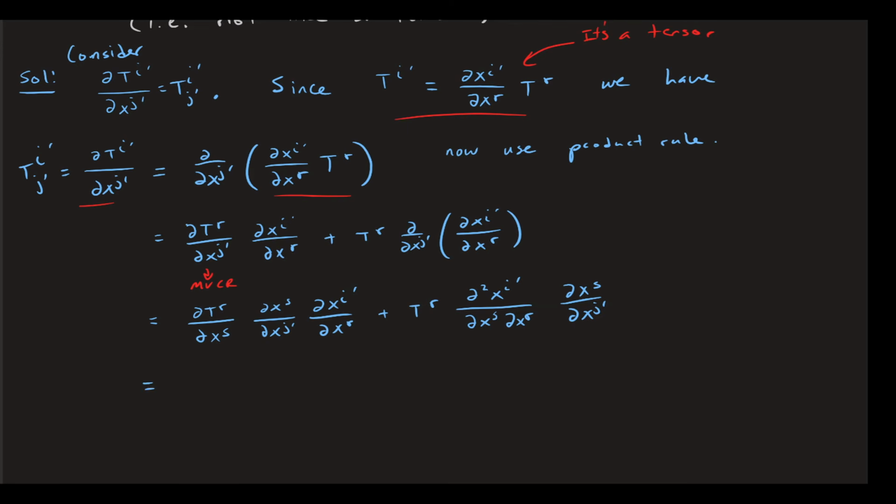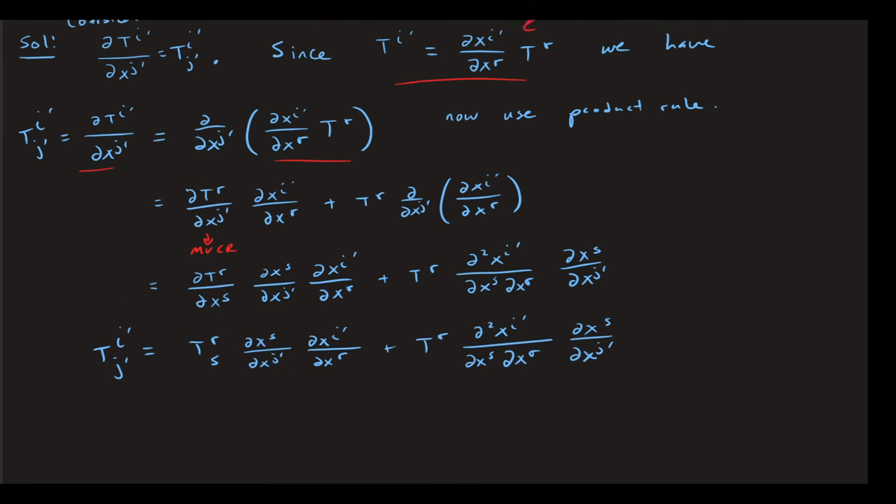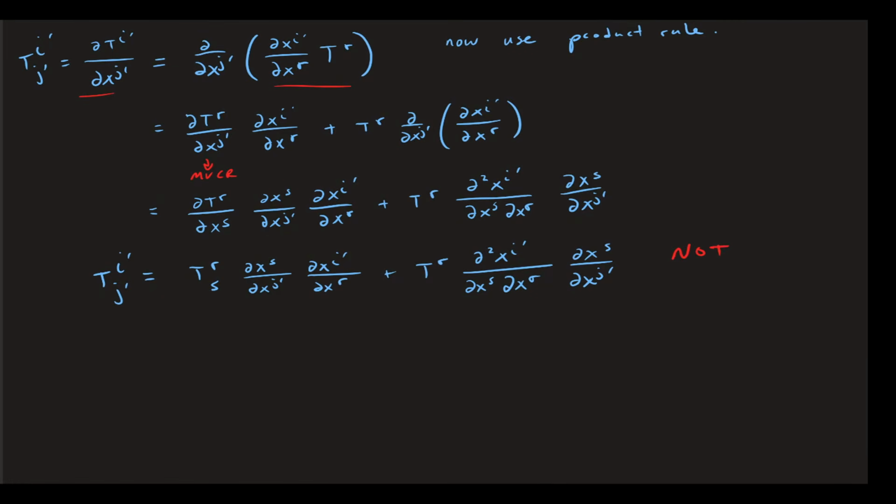And now this first term is T_r comma s, partial x_s over partial x_j', partial x_i' over partial x_r, plus T_r partial squared x_i' over partial x_s partial x_r, partial x_s over partial x_j'. So T_i'j' transforms like this, i.e., it does not transform like a tensor. So this is not a tensor transformation.